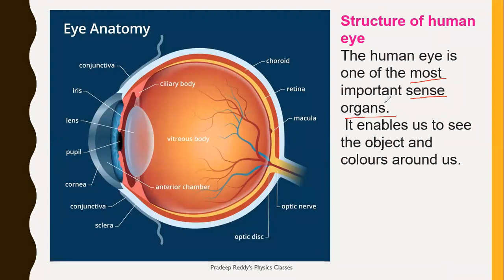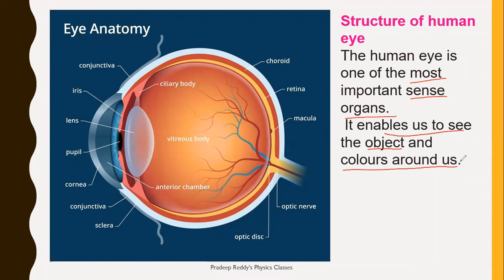So it is one of the most important sense organs. It enables us to see the objects and colors around us. The beauty of this world can be viewed with our eye. If your eye is not perfect, then you can miss the whole beauty of the world.